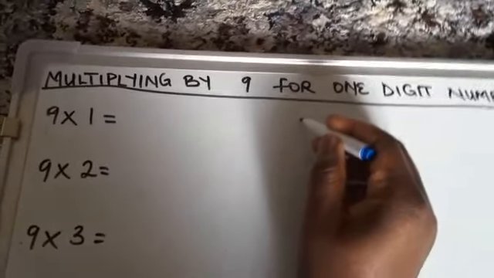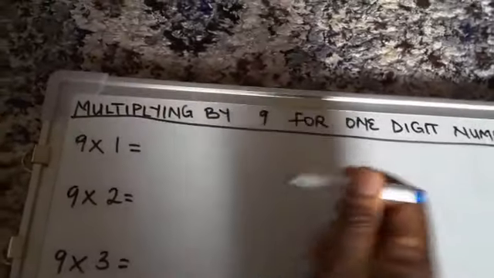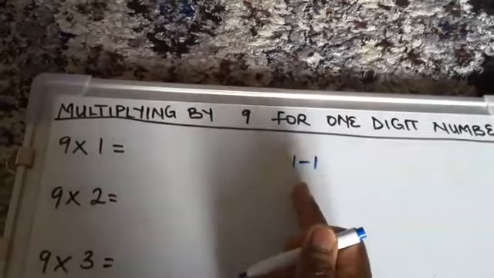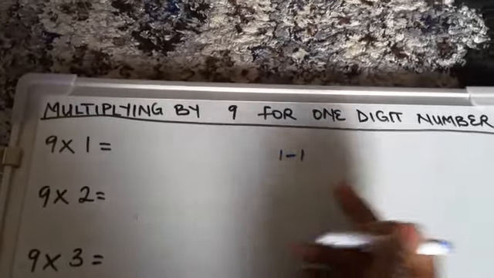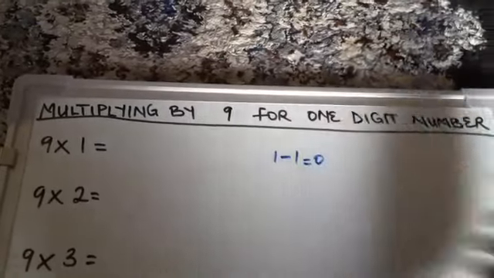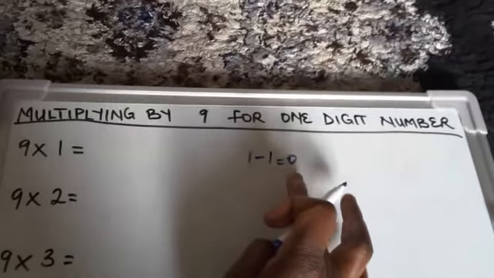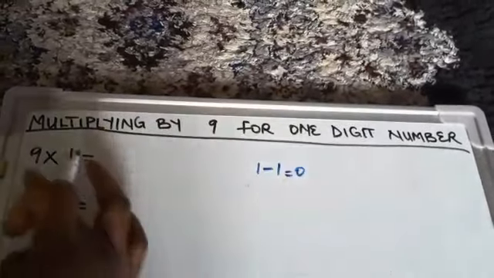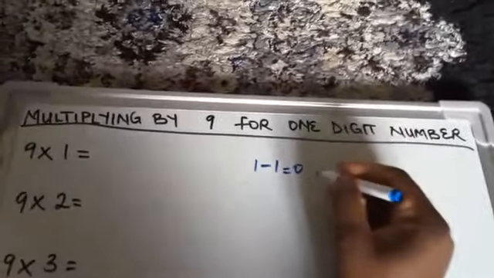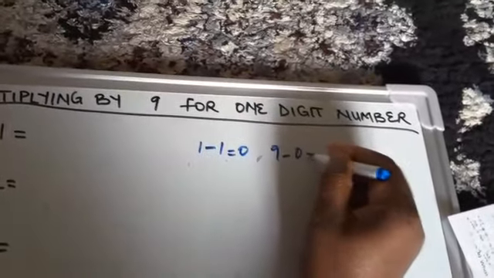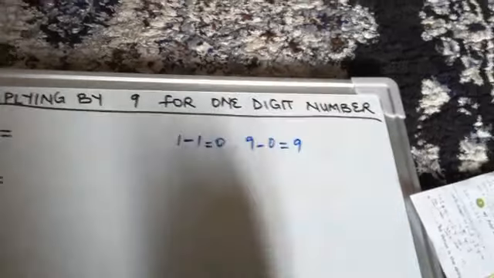It will be, you first of all subtract 1 from that particular number, which is 1 minus 1 is 0. Then whatever you get, subtract it from 9, which is 9 minus 0 is equal to 9.